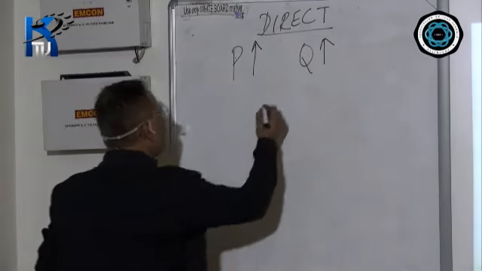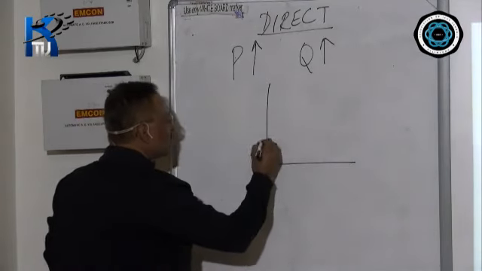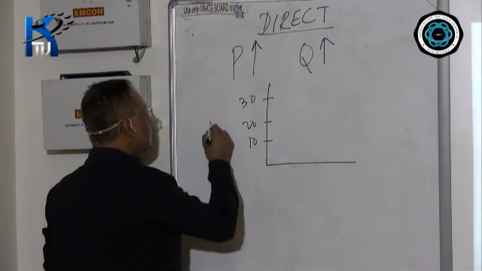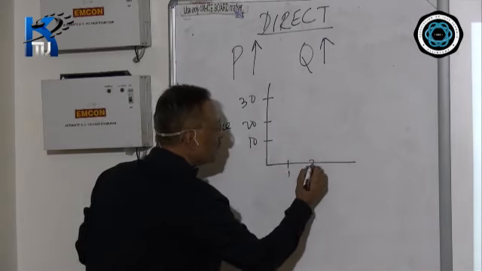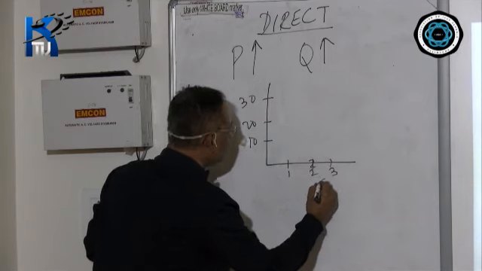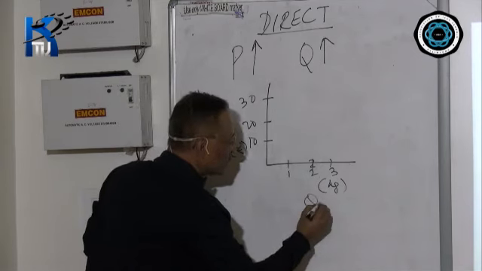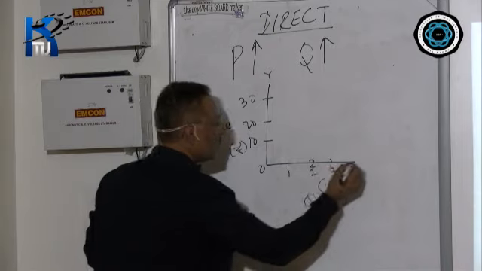Whenever you want to draw a graph, let's take this case: price 10, 20, 30 in rupees, and quantity demanded 1 kg, 2 kg, 3 kg. You have your y-axis, you have your x-axis.